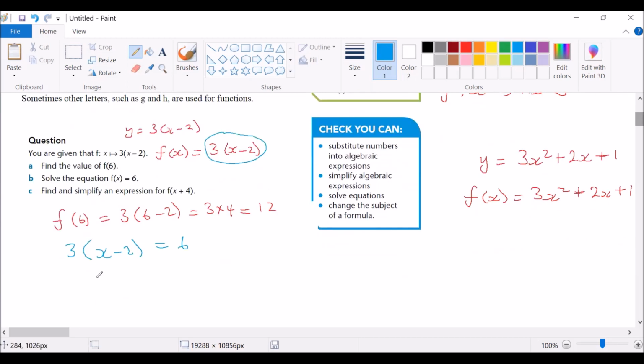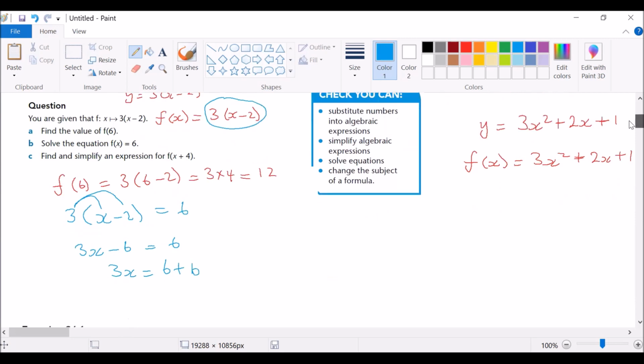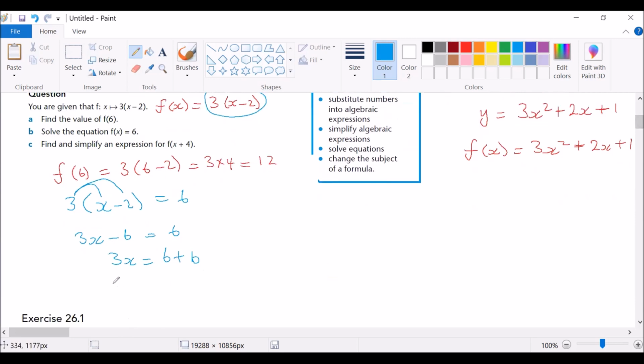First, let's break the brackets by multiplying 3 by each term in the brackets. Now we can say 3x is equal to, if we take minus 6 to that side, it becomes positive, so we have 3x is equal to 12. Divide both sides by 3. Then we have x is equal to 4.